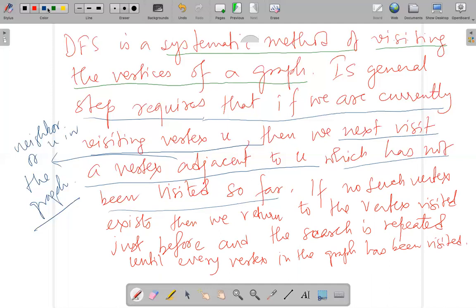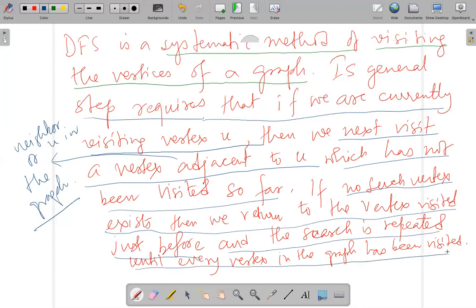Again, note there are a few important things. So, if there is no further such vertex which are neighbors of U and has still not been visited, then we go back to the vertex that was visited just before and do a search, okay, until every vertex in the graph has been visited.